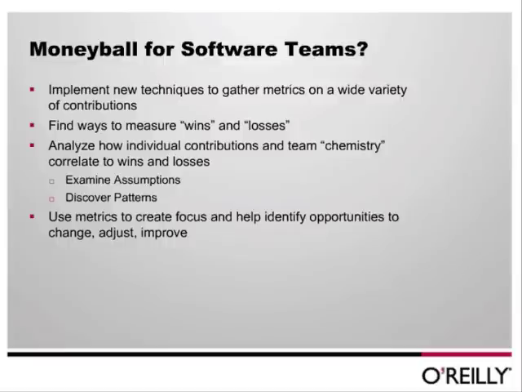And when we do that, we're going to want to examine our assumptions. So we're going to want to essentially set aside a lot of our preconceived assumptions as we look at the data we begin to gather on our successes and failures, and we're going to look for patterns that this information can begin to show us.